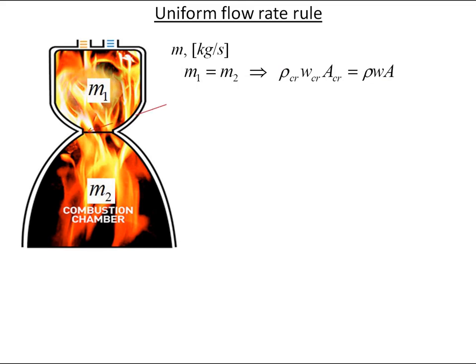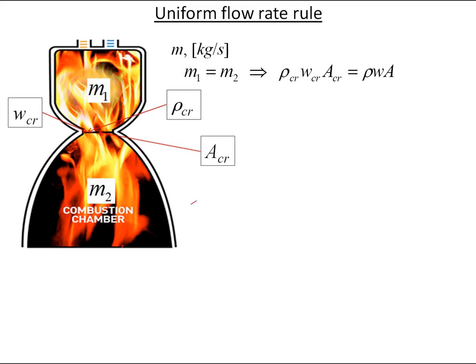Rho critical is the density of expanded gases in the thermodynamical process of adiabatic expansion of the fuel and oxidizer mixture. Capital letter A critical is the cross-section area in the narrowest part where gases enter the Laval nozzle. W critical is the velocity in the narrowest cross-section area.